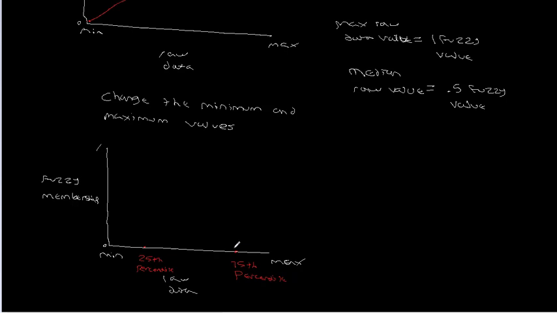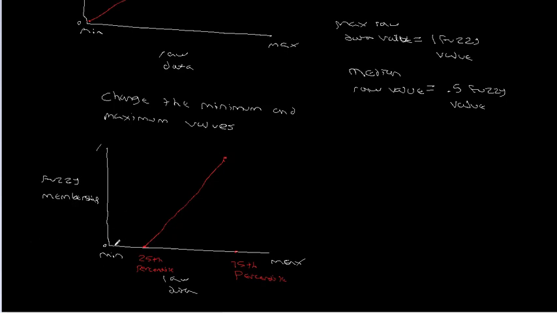So when we run the software, we say, hey, we don't want to use the true minimum and the true maximum. We want to come in a ways to start and stop early. This is going to make the 25th percentile a fuzzy membership of 0, and the 75th percentile a fuzzy membership of 1, and linearly interpolate between the two.